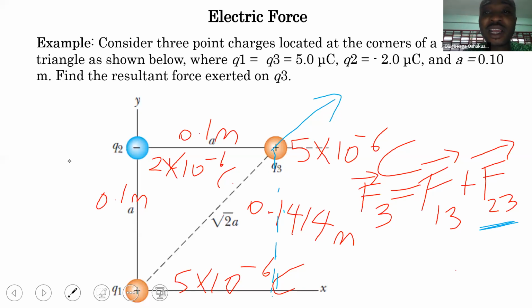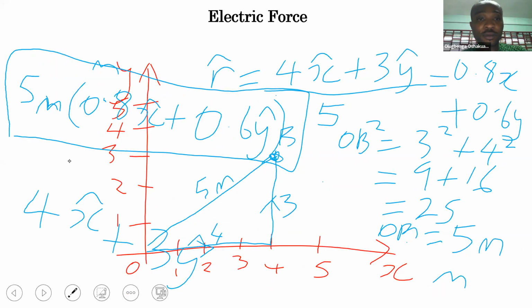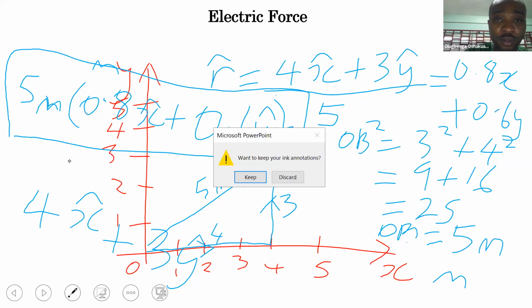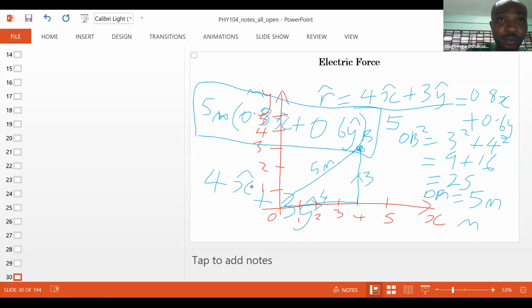to determine F23, let me get a new slide in there.